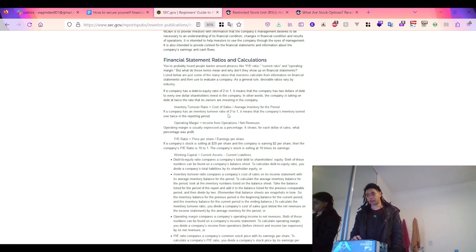If a company has an inventory turnover ratio of 2 to 1, it means the company's inventory turned over twice in the reporting period. What actually does this mean?